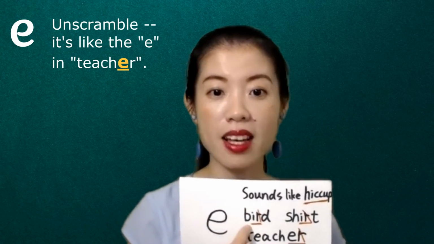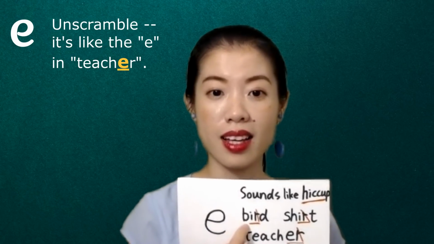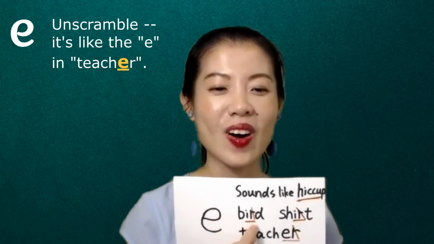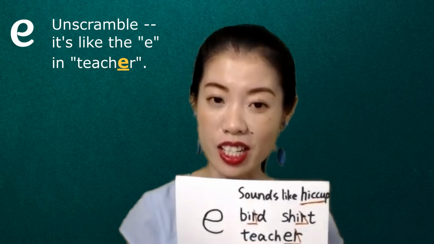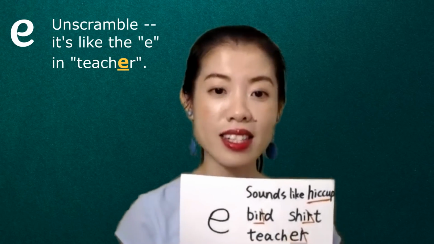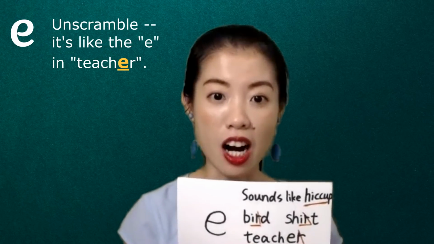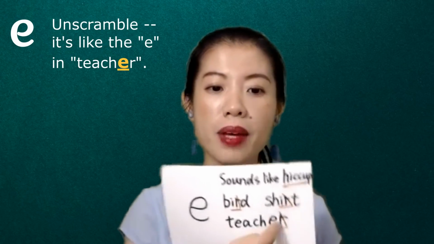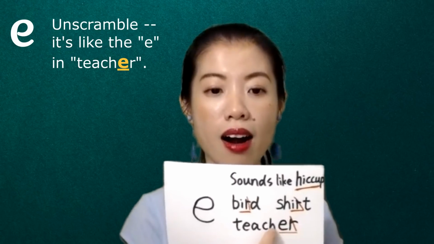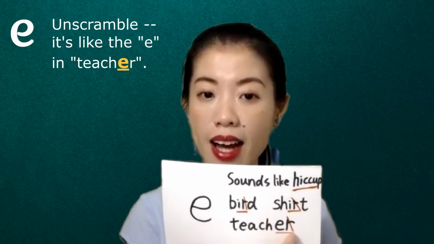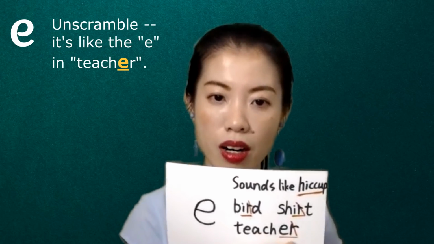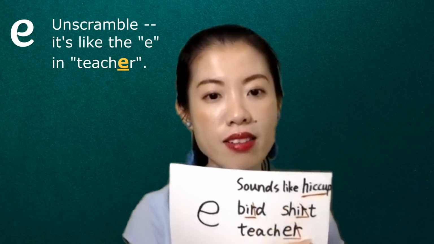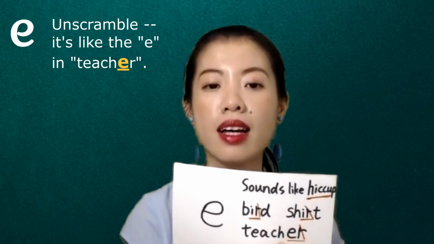Or it's like teacher, teacher without the R sound, because the R sounds R, so in er sounds, that's why it's teacher, but you cross the R sound, so it's only e.